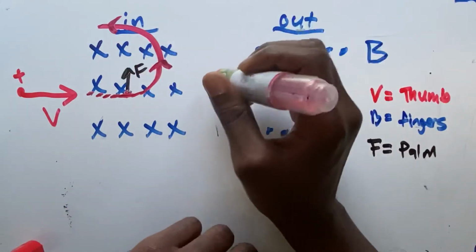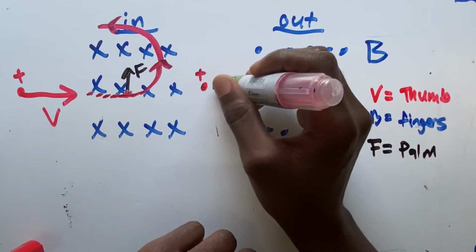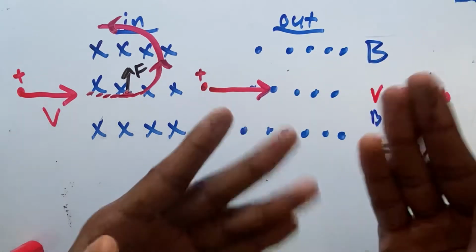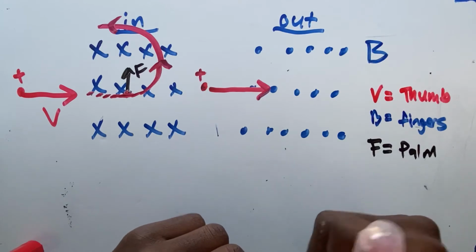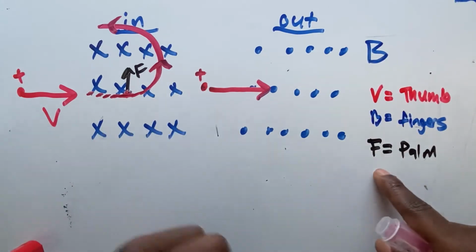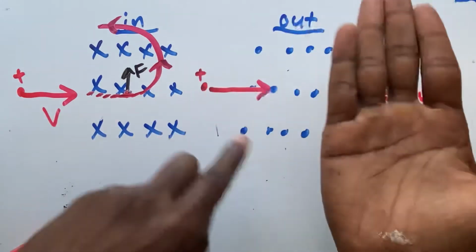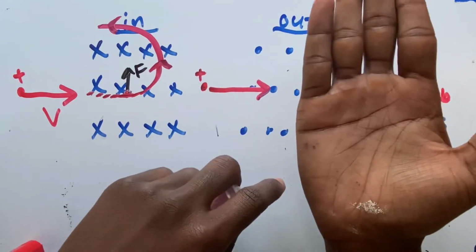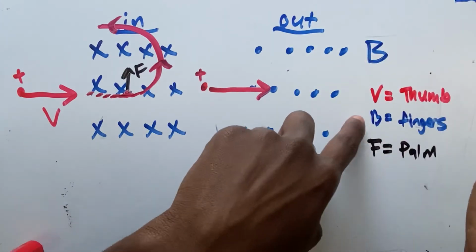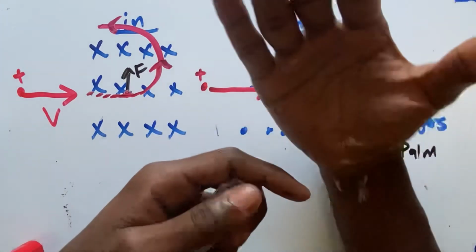So let me do that again for this one. So again, we've got some positive charge going this way into this magnetic field coming out of the board. So then the question would be, what direction is the force on that charge? Well, again, our thumb is pointing to the right. Our fingers for the magnetic field is coming out of the board, so it's going to be upwards.